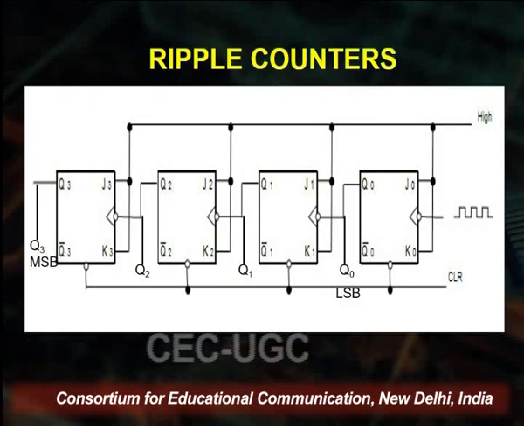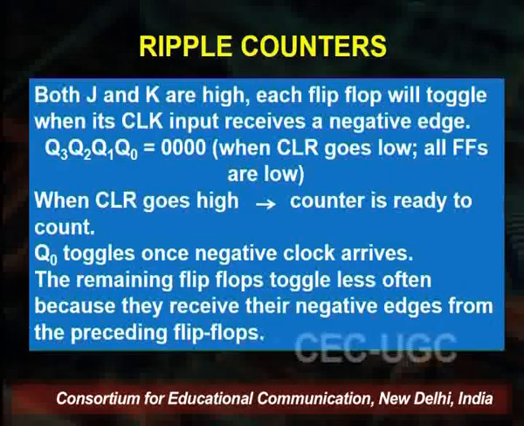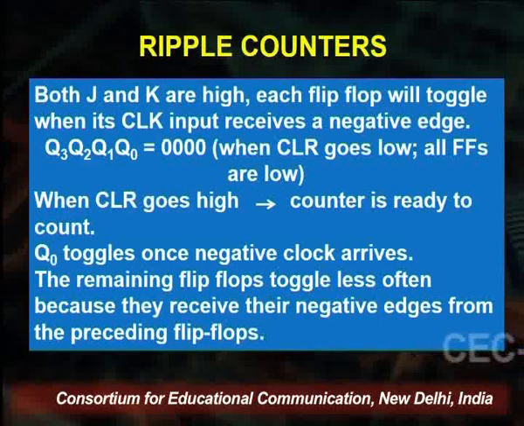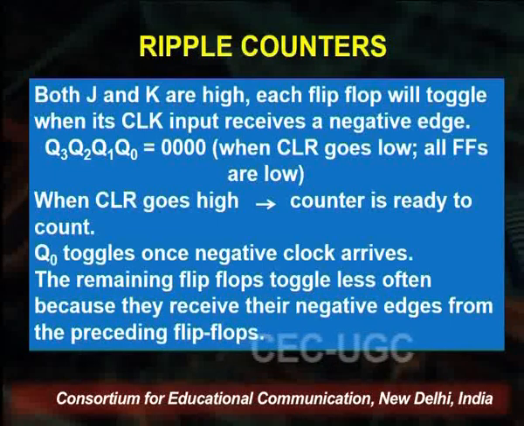So let us see how this counter works. This counter works only when both J and K are high and each flip-flop toggles. This toggling would occur if and only if the clock input receives a negative edge. That is, the clock has to go from 1 to 0, a higher state to a lower state.